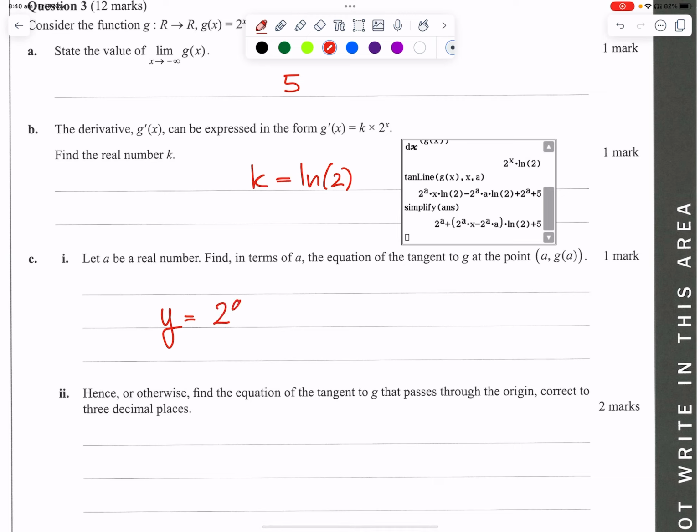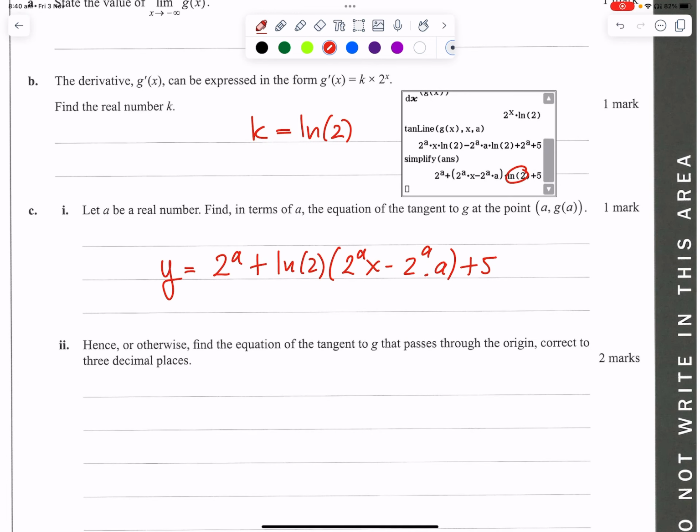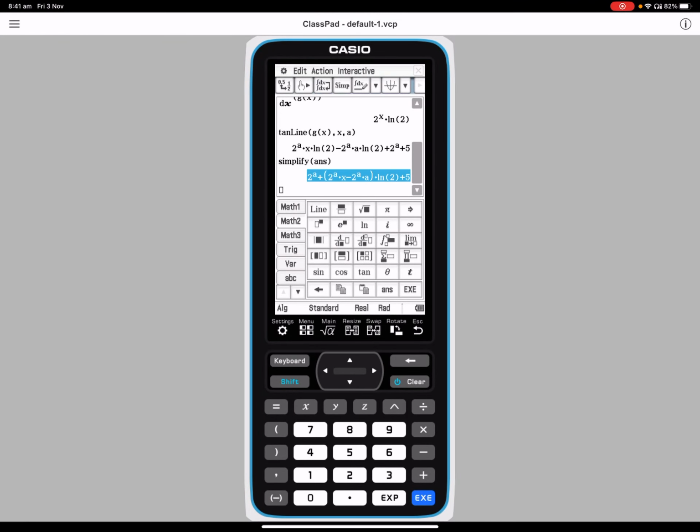Oh no. 2 to the a plus, put that at the front, natural log of 2 times 2 to the a times x minus 2 to the a times a. Let's say a times 2 to the a, plus 5. Hence, find the equation of the tangent that passes through the origin, correct to 3 decimal places.